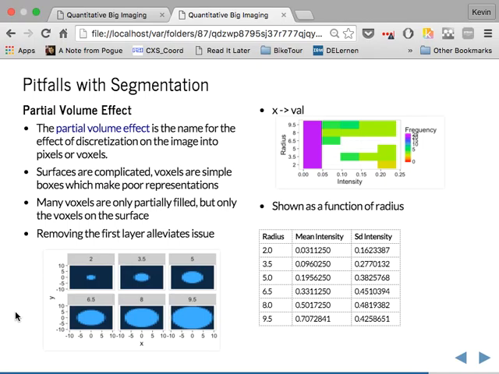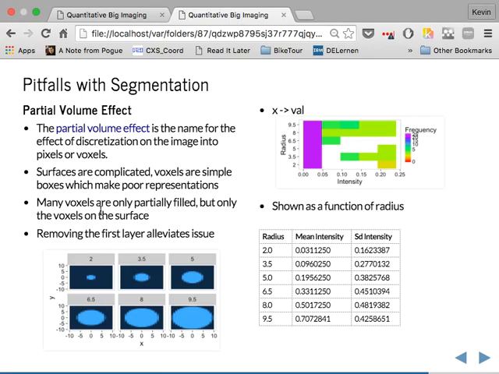It's simply not possible. So some of your pixels are going to be partially filled with material, partially empty, or partially filled with two different materials. This is generally called the partial volume effect, and it makes it very difficult to do segmentation reliably because you're trying to describe a shape with something that it doesn't have anything to do with.